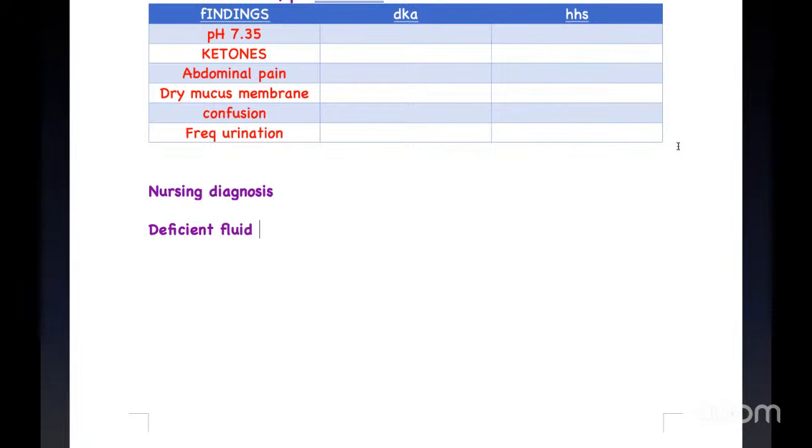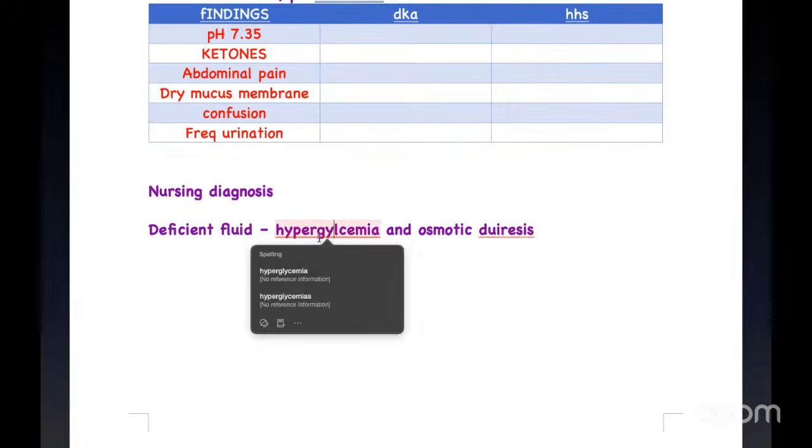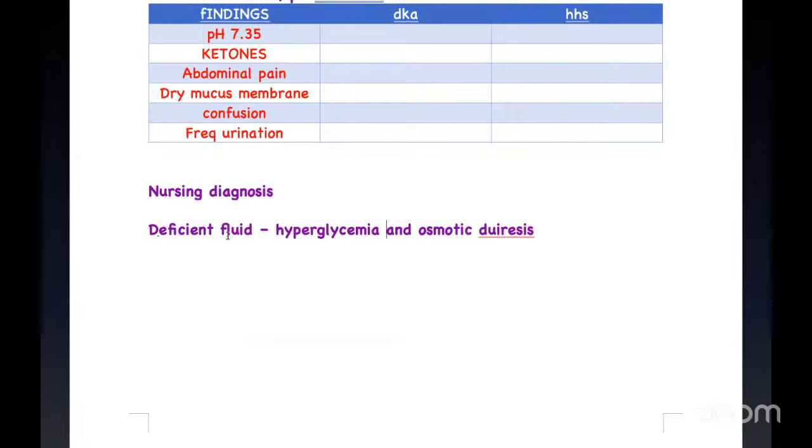And what is causing the fluid deficit? Hyperglycemia. So this is your actual definition, and osmotic diuresis. When you're looking for a nursing diagnosis in a case, don't memorize it. Just look at the condition that is happening to the patient. He has fluid deficit. That's why it's not ineffective glucose management.